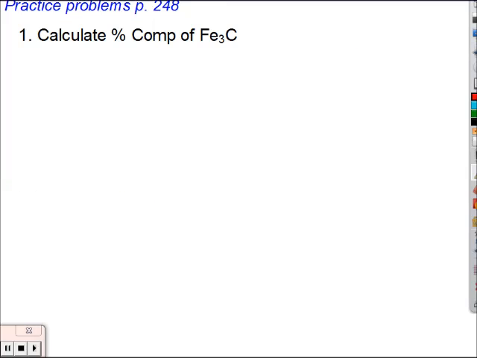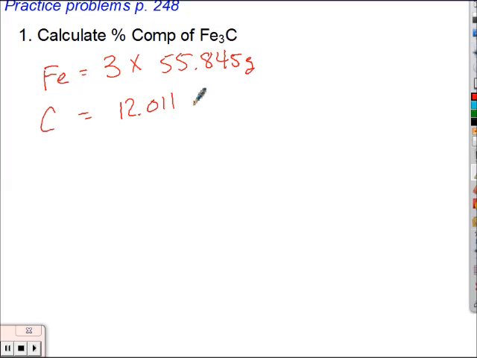Okay, we're going to do a practice problem now together, calculating the percent of iron and carbon. Iron is going to be 3 times the molar mass of iron, which is 55.845, and carbon is 12.011.